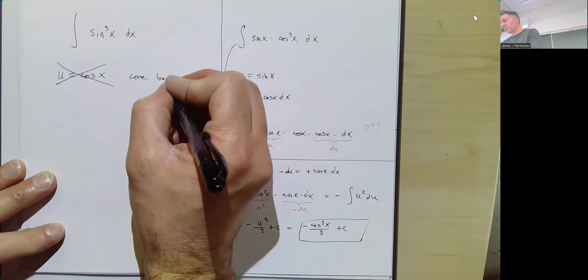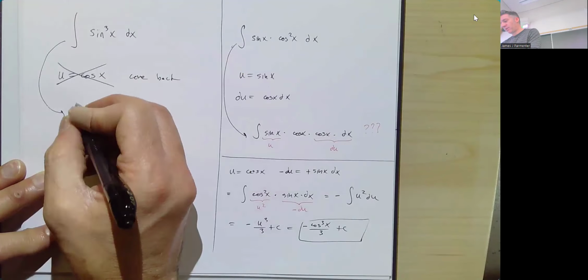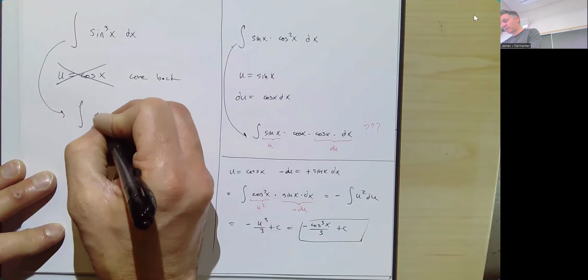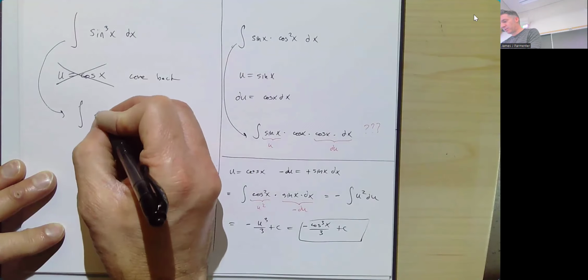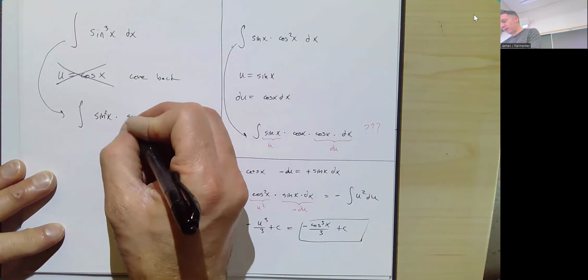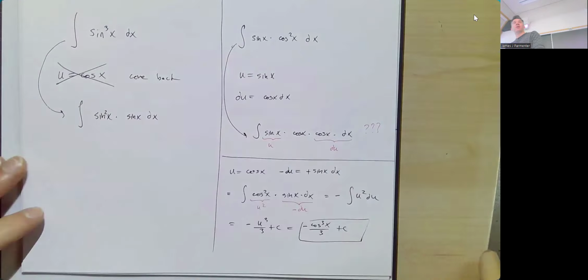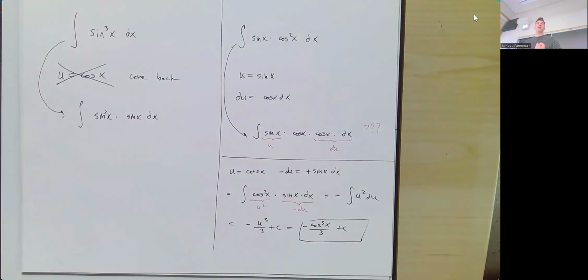Before we do that, we're going to rewrite this integral as sine of x, sine squared of x times sine of x. And then we're going to replace sine squared with one of its trig identities, because there's actually two different trig identities for sine squared, and we want to know both of them.